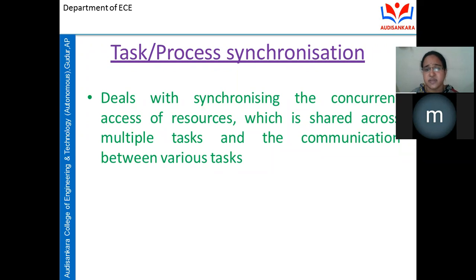So for concurrent access of resources shared among multiple tasks, communication needs to be established between the tasks, right? So who will do that? Task synchronization deals with that. It synchronizes the concurrent access of the resources which are shared across the multiple tasks, and handles the communication between the various tasks.